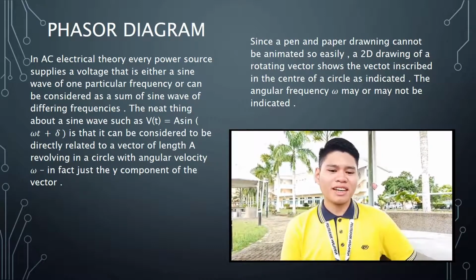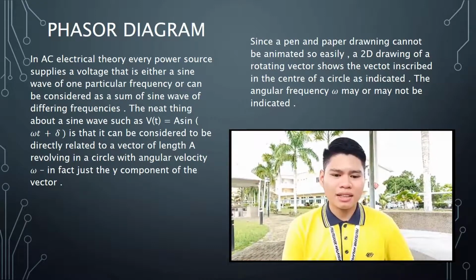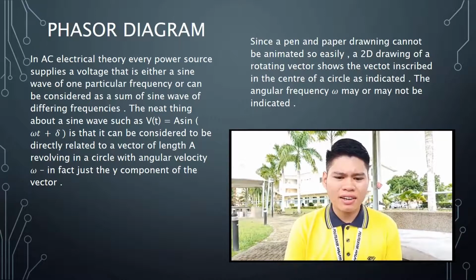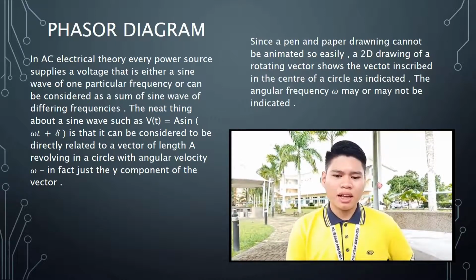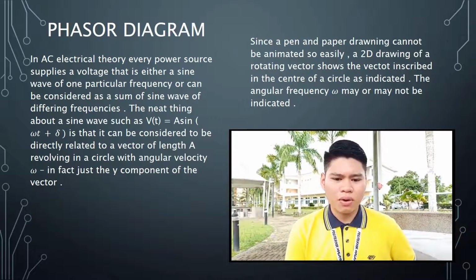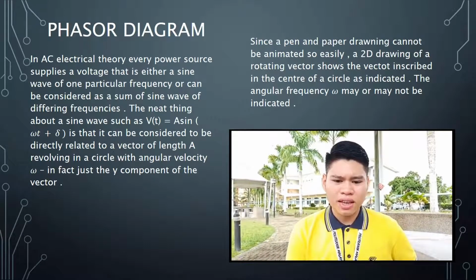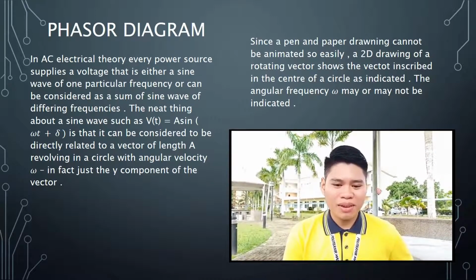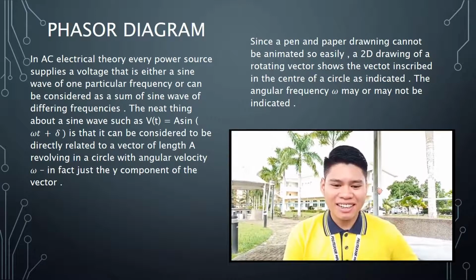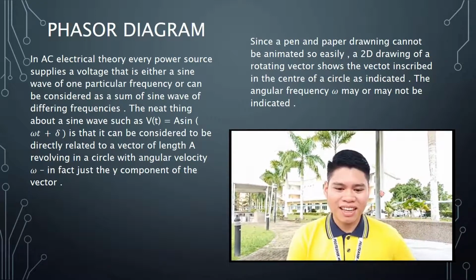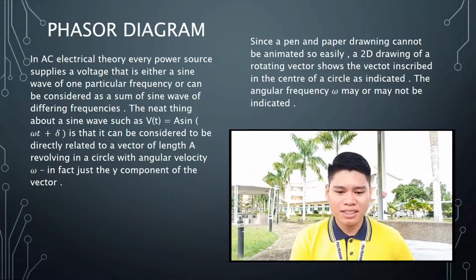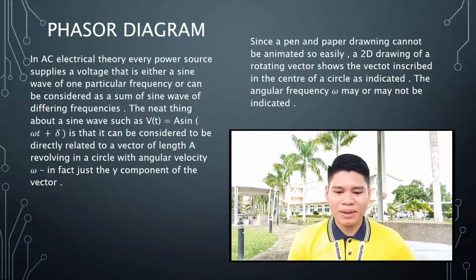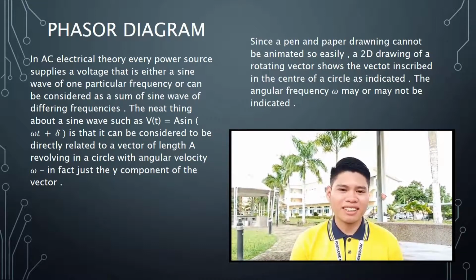The neat thing about a sine wave such as V of t equals A sin, and then A sin of omega t plus phi, is that it can be considered to be directly related to a vector revolving in a circle with angular velocity.